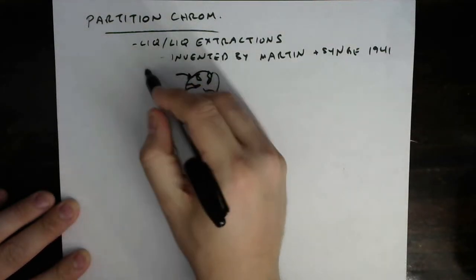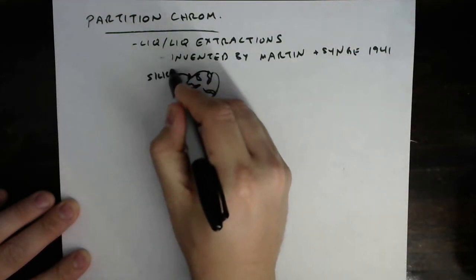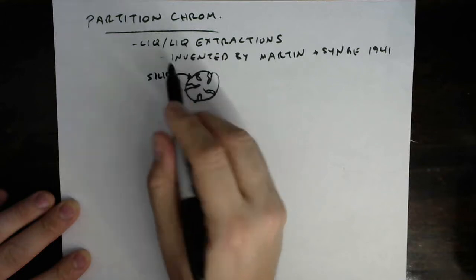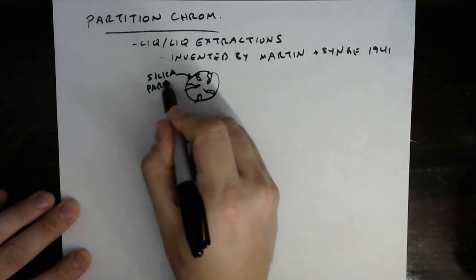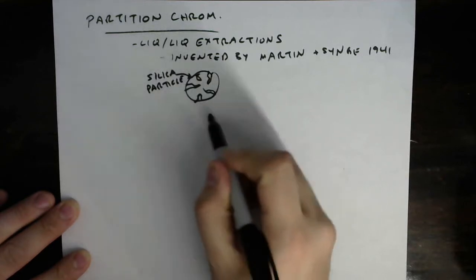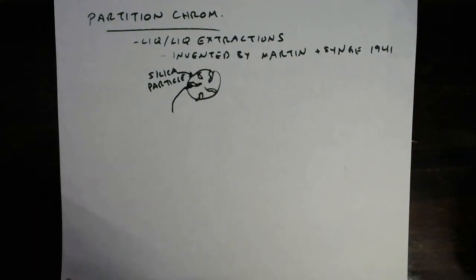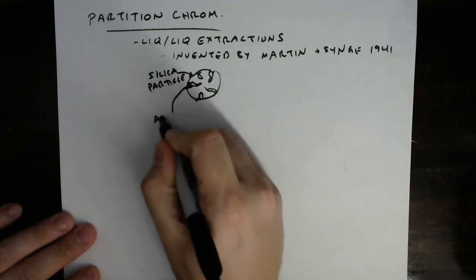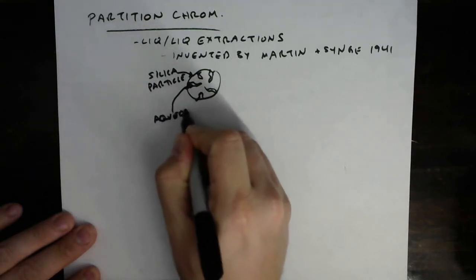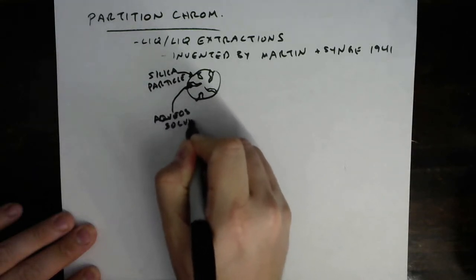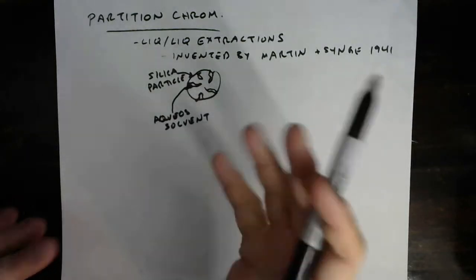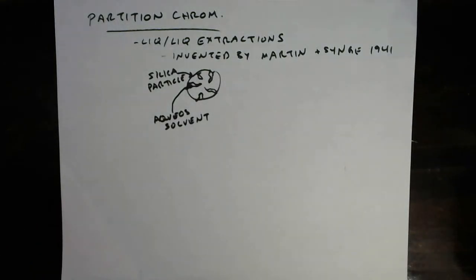let's make sure we're labeling this. So that's a silica particle. And inside these pores, because this thing was saturated in aqueous solution, we have an aqueous solvent. So they're like sponges that have soaked up aqueous solvent.